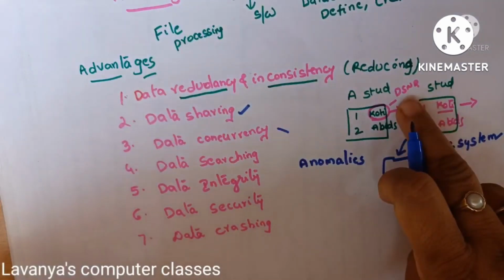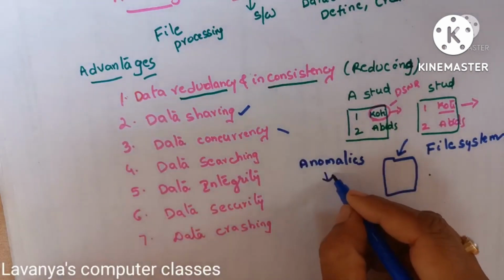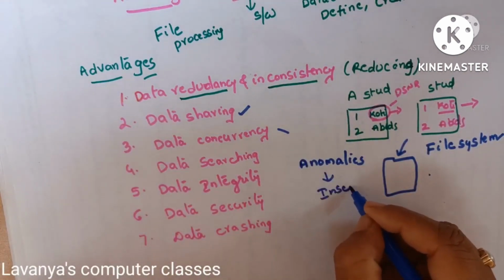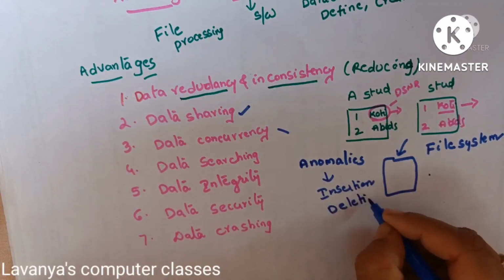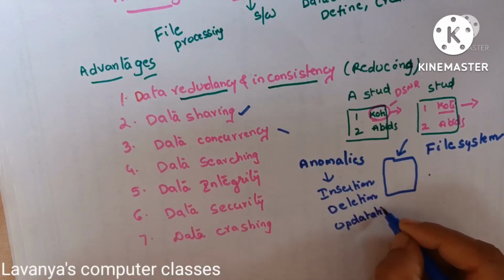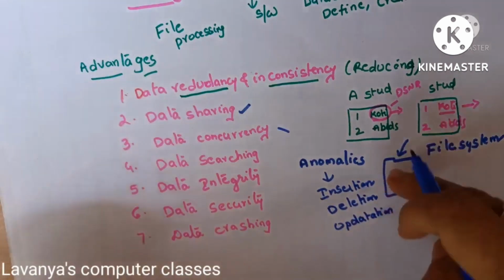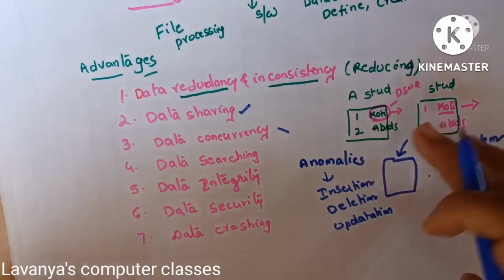One student changes the address and another student is not able to see that change, so automatically errors occur. Those errors are called insertion anomaly, deletion anomaly, or updation anomaly. Because database means maintenance. Whenever you do these operations, either insertion, deletion, or updation, some problems occur because a number of users use the same database.